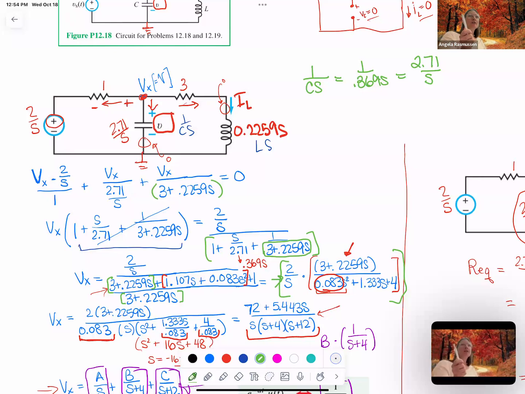You kind of have to understand that you've got to do that for the standard form.